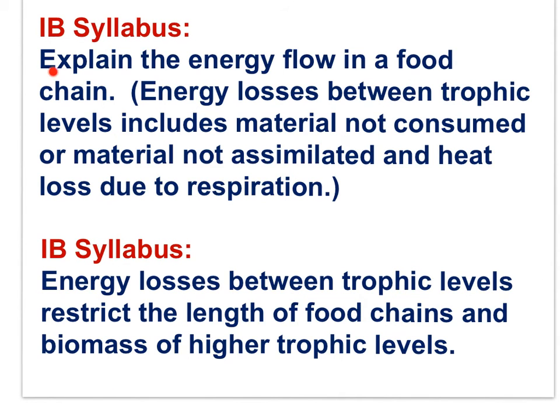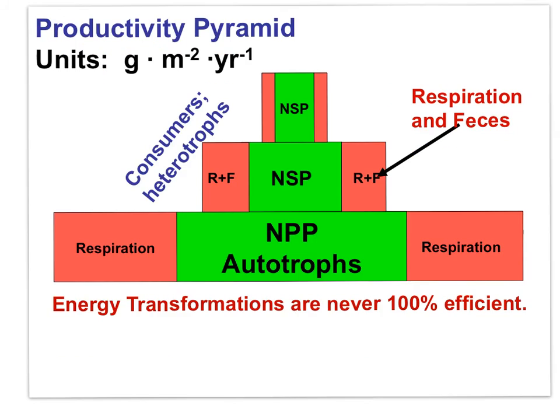Now I've come back to this IB syllabus statement to strengthen the fine detail about the energy losses. Pay close attention. Here's another energy pyramid. Always avoid displaying an energy pyramid as a triangular shape. Always display the stepped form. The total photosynthetic production by autotrophs is represented by the full magnitude of this bar.